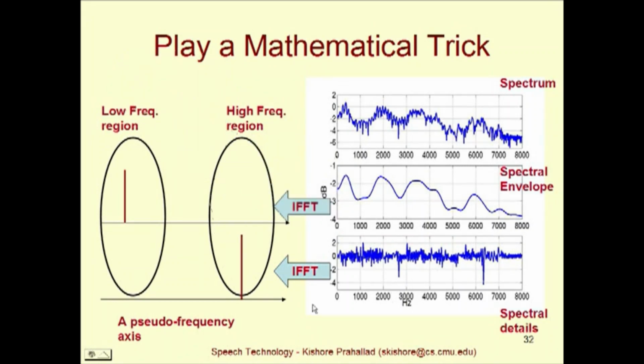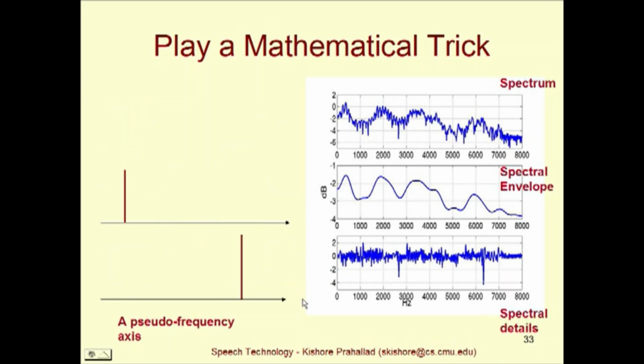Okay, so we're done with the IFFT of these two. This is a slow varying signal, that's where you get a peak at a low frequency region. This is a highly varying signal, you get a peak at a high frequency region. So now let's get back and denote that this is log h of k, this is log e of k, and this is log x of k, which is represented as log h of k plus log e of k.